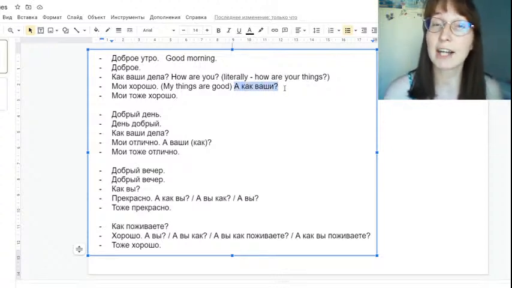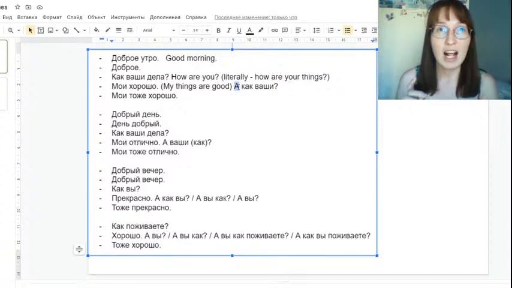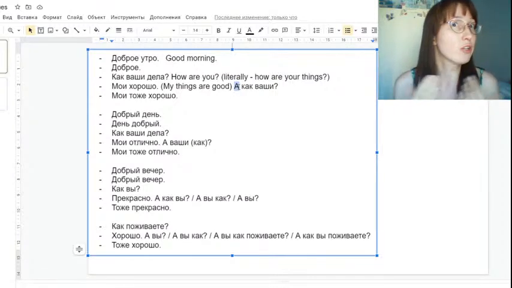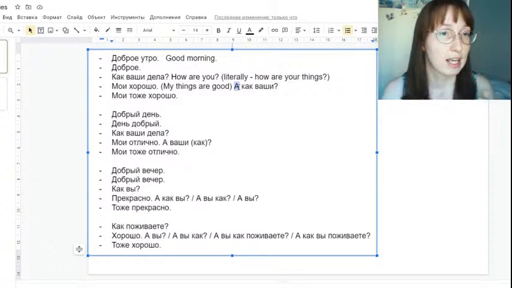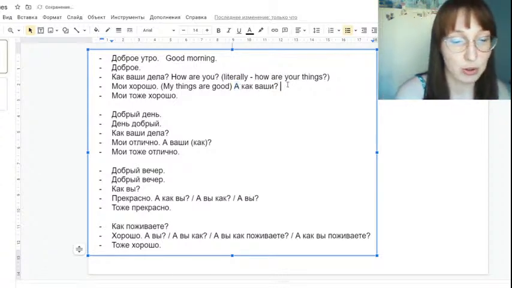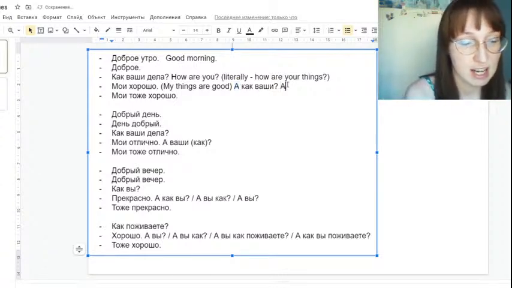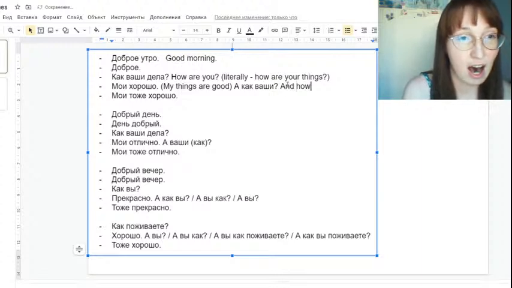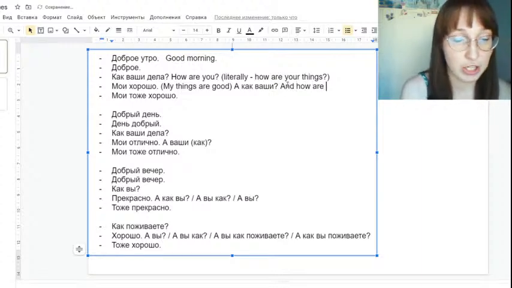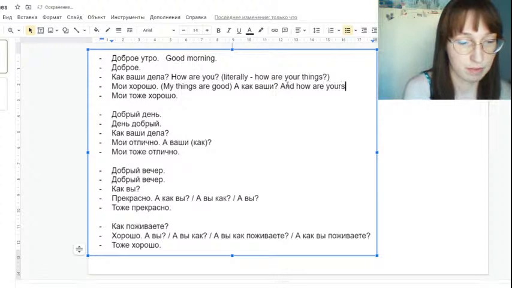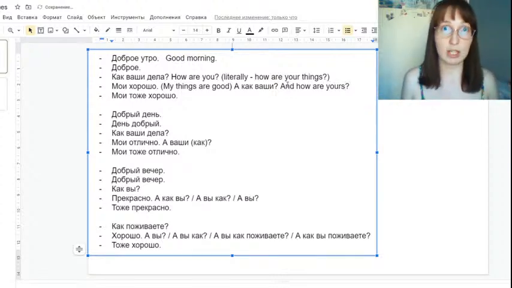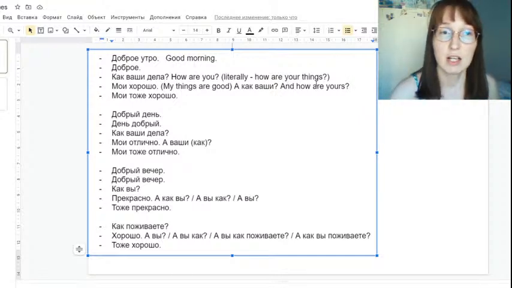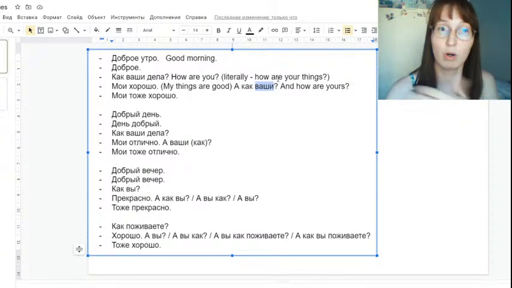А как ваши? We say "а" to express our curiosity. So it can be translated, and how are yours? It's an absolutely literal translation. And how are yours? So ваши, yours, or your things.